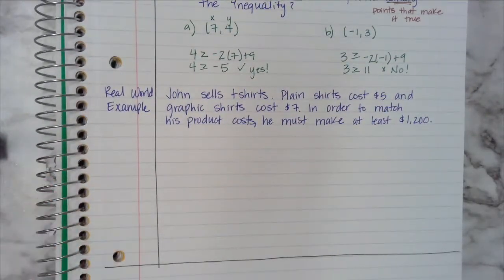Alright, so we have this example. John sells t-shirts. Plain shirts cost $5 and graphic shirts cost $7. In order to match his product costs, he must make at least $1,200.